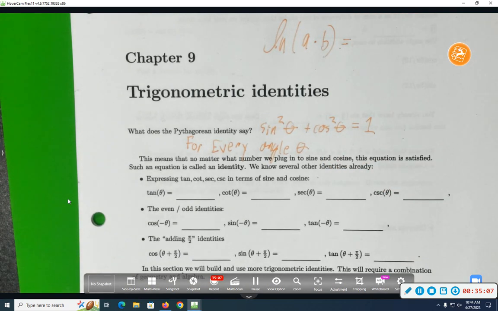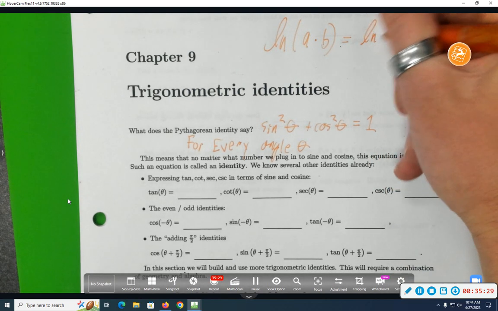What's the log of A times B? Log A plus log B. How many people just remember that? How many people think it would probably be a good idea to have that on note sheets, at least for that final exam? I guess logarithms aren't in the content for what we're doing right now, but they will definitely appear on the final.